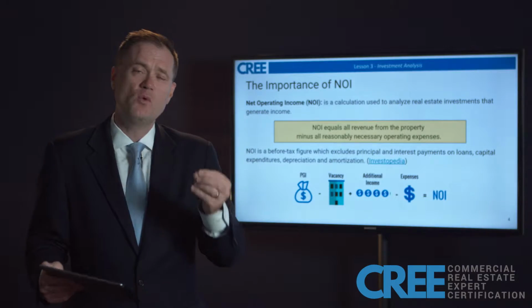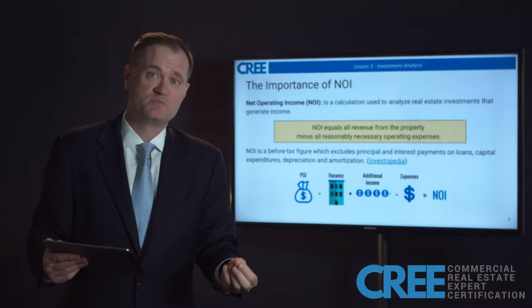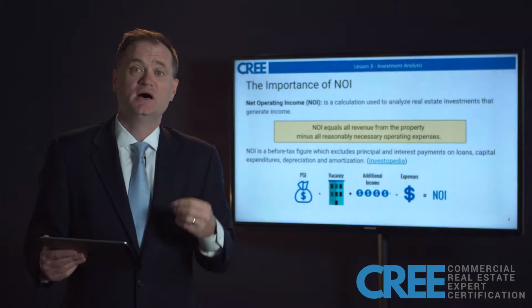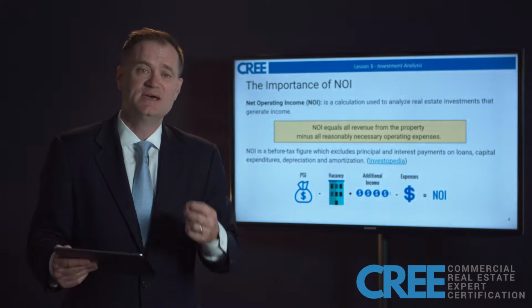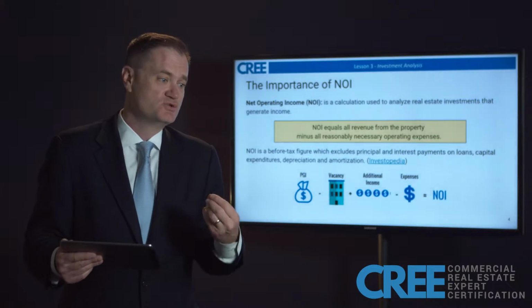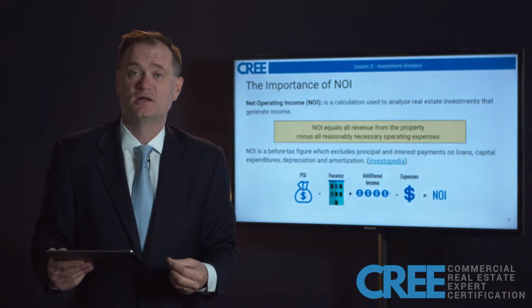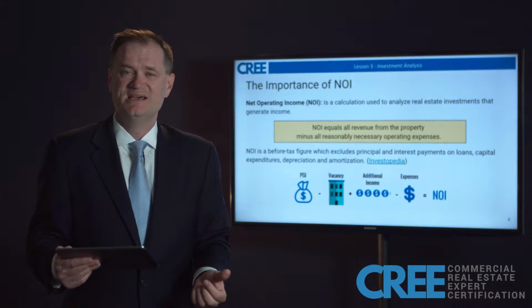And this is before tax. This is before we have a mortgage payment, before principal and interest is taken out. So it is the number that we then can use to either enjoy those benefits of, pay tax on, make our mortgage payment on. So it's the bottom line number.